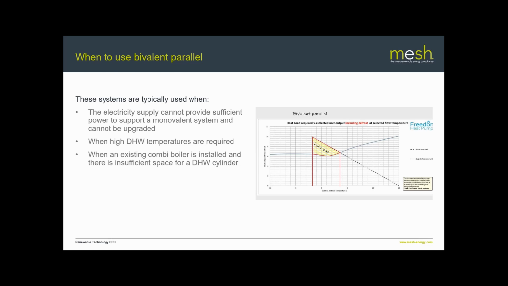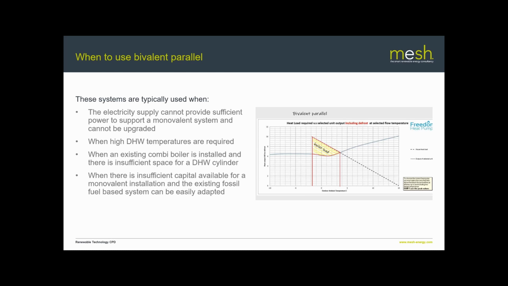The third reason you might use a bivalent parallel system is if there's an existing combi boiler and there's not sufficient space for a domestic hot water cylinder. Then you could retain the combi boiler and use it to prepare the hot water, but also as a backup for the space heating system.